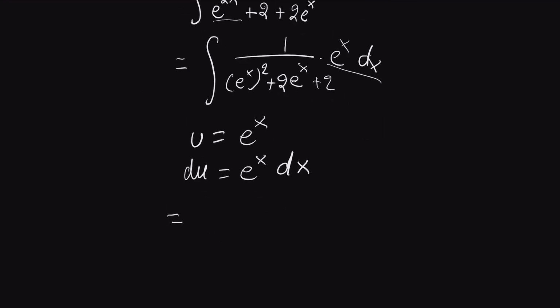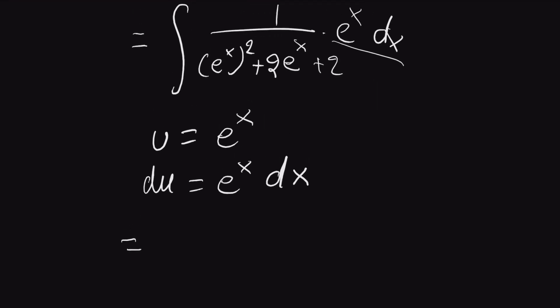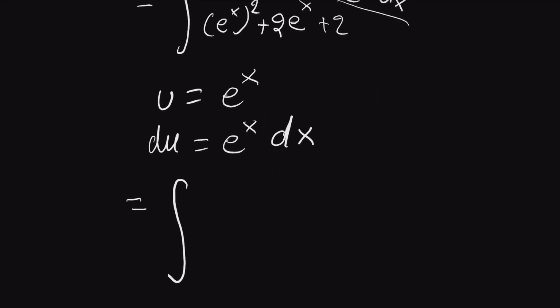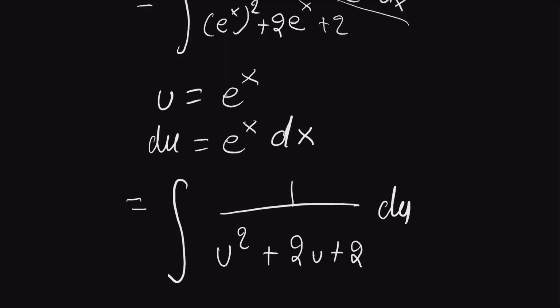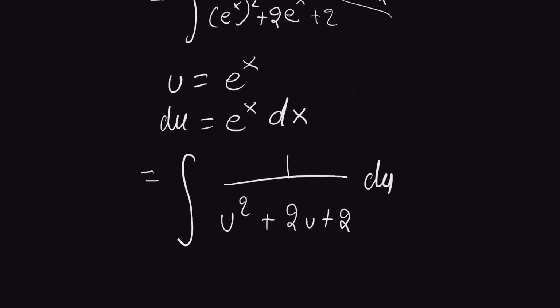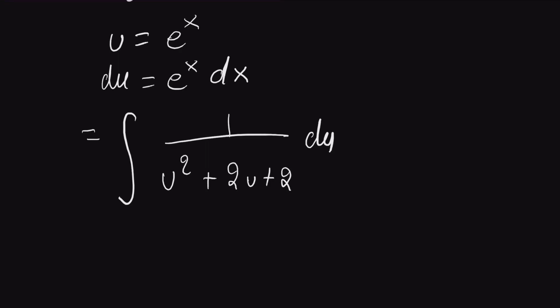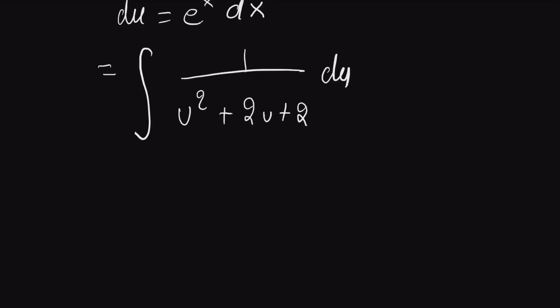So what we end up with is, let me zoom in, the integral of 1 divided by u squared plus 2u plus 2 du. Alright, now we're going to go ahead and simplify this even further.